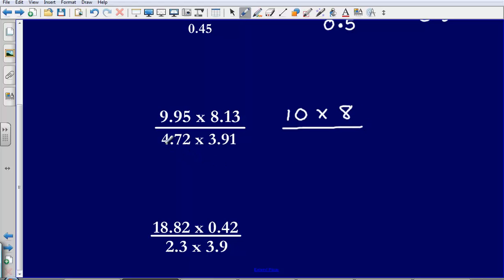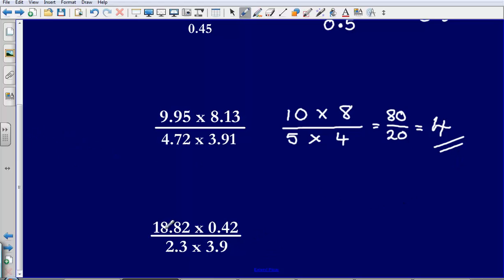Then we're going to divide that by, to one significant figure, 5, multiplied by, to one significant figure, 3.914. 10 times 8 gives us 80. 5 times 4 gives us 20. 80 divided by 20 gives us an answer of 4. So our approximate answer, our estimate for this calculation would be 4.